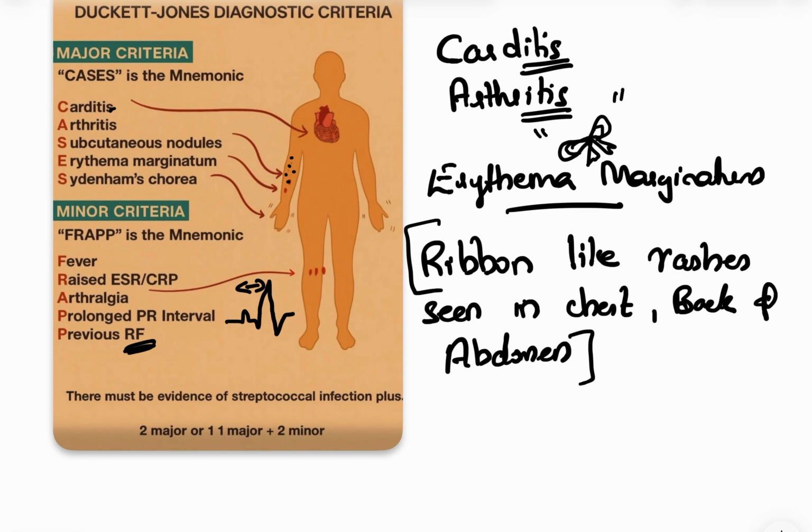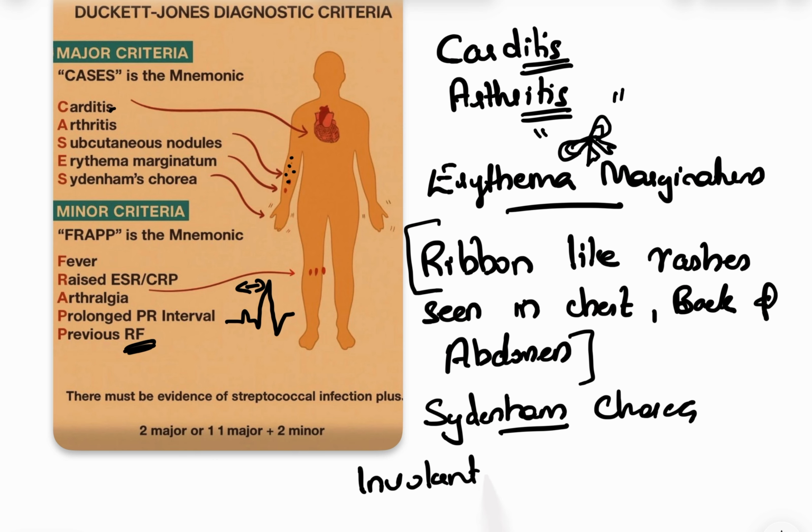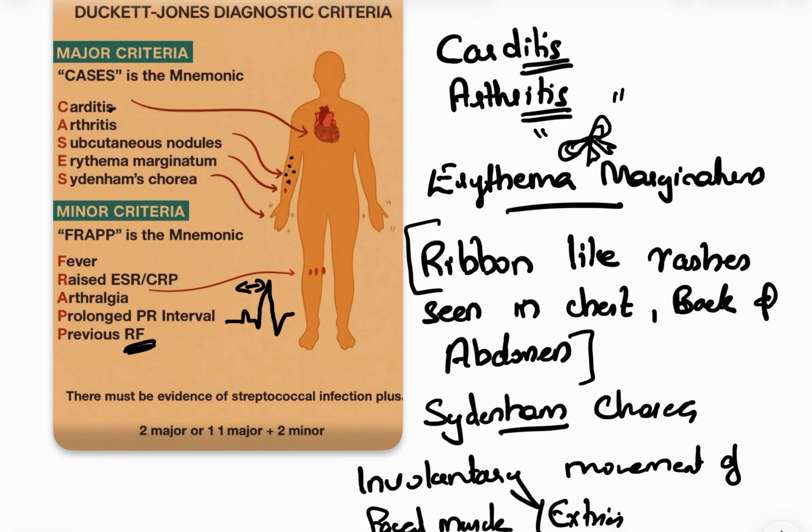And then what is it? Sydenham chorea. Sydenham chorea is the involuntary movement of facial muscles or extremities.